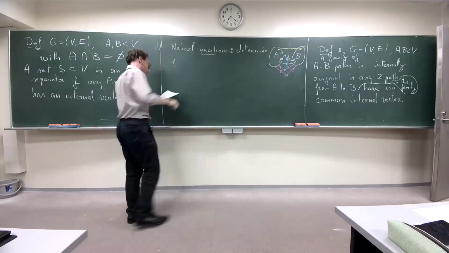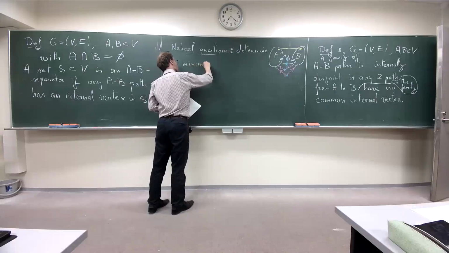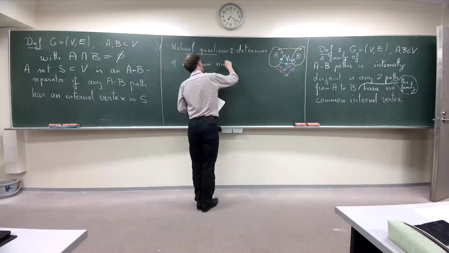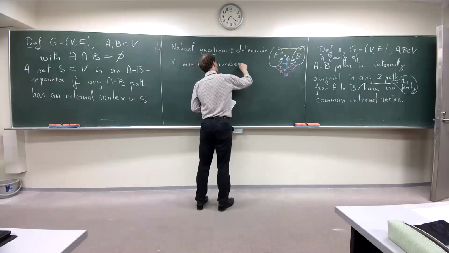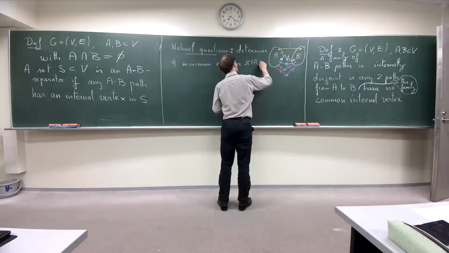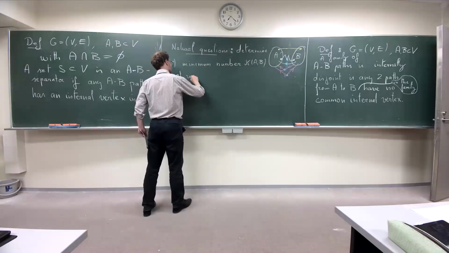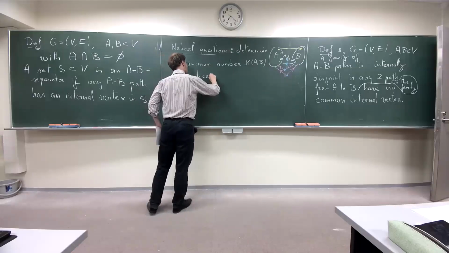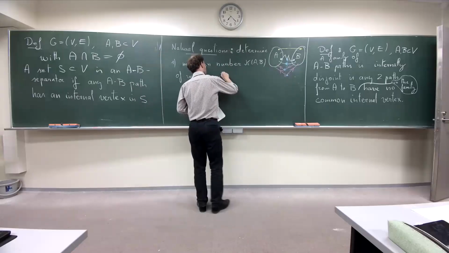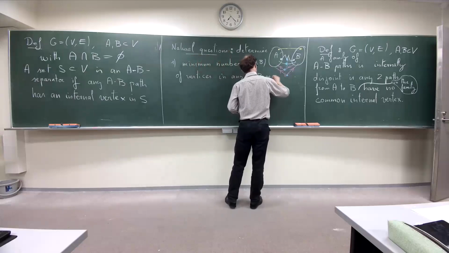The minimum number, and I give a name to it, kappa AB, of vertices in any AB separator.